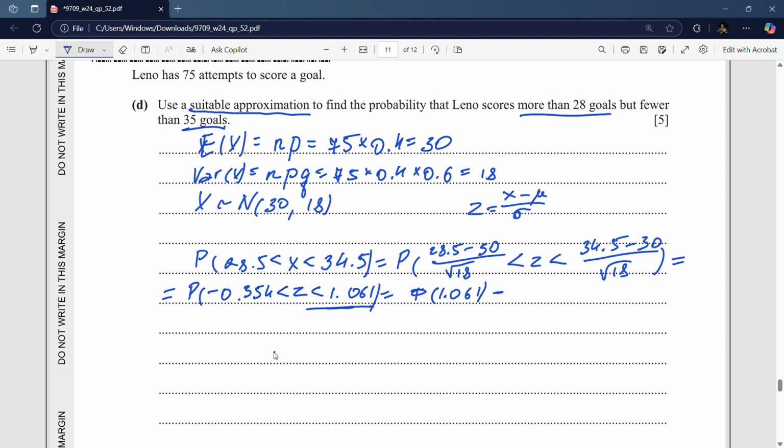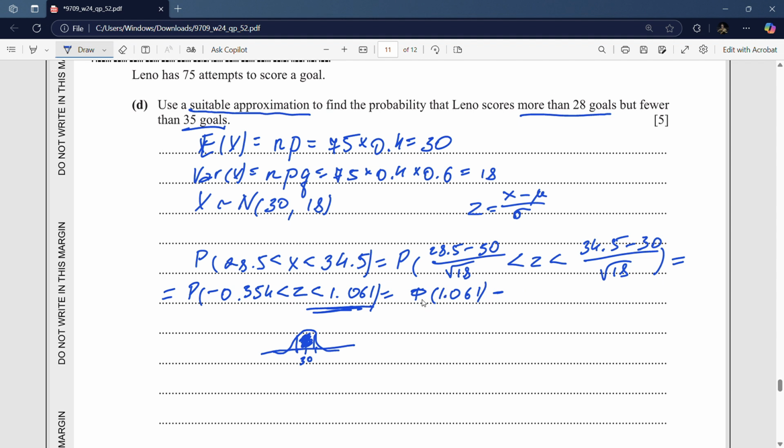If we have a normal distribution, here it might be 30, and 28.5 is somewhere here and 34.5 is somewhere here. We are trying to find the area in the middle. So the first thing that we should find is the left part of 34.5, which means finding this part.